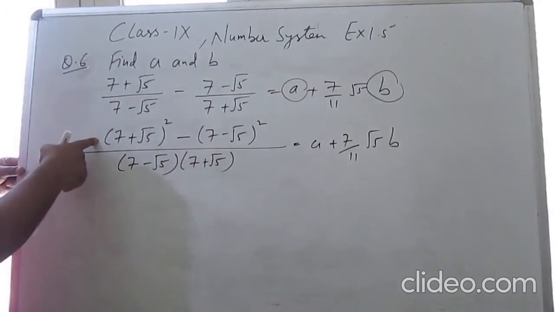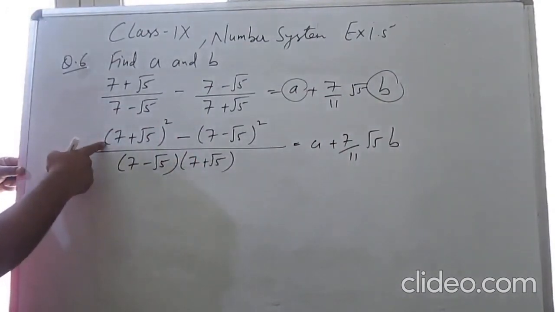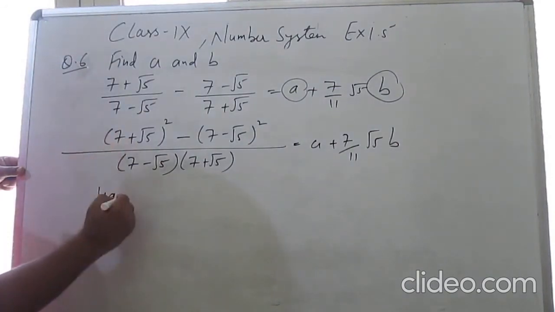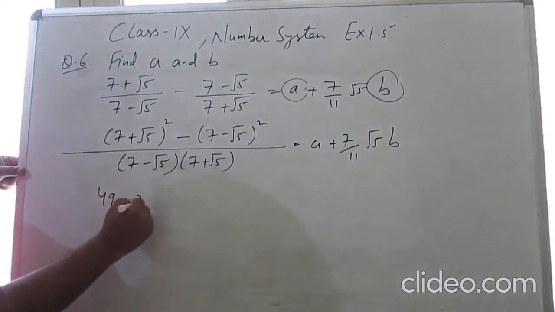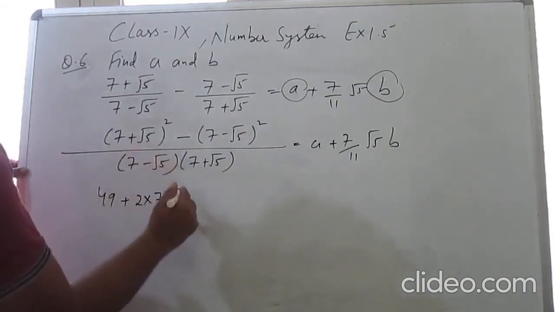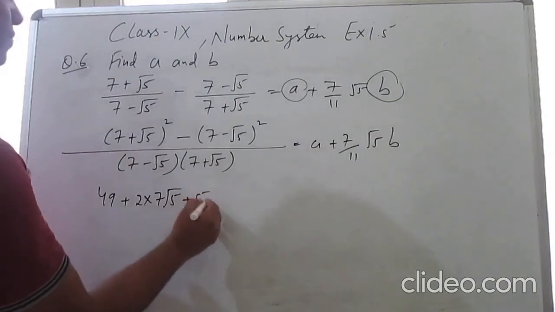Now what is the identity of (a plus b) whole square? 7 7s are 49, plus 2 into 7 root 5, that is 2ab, plus root 5 whole square, which is 5.